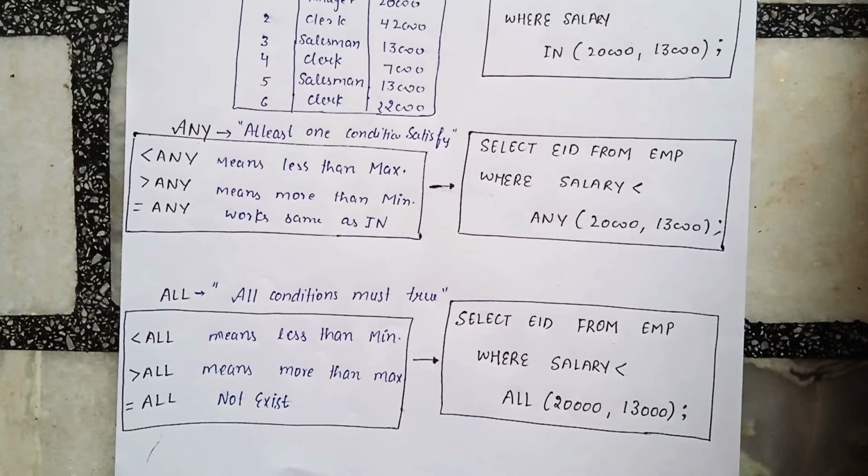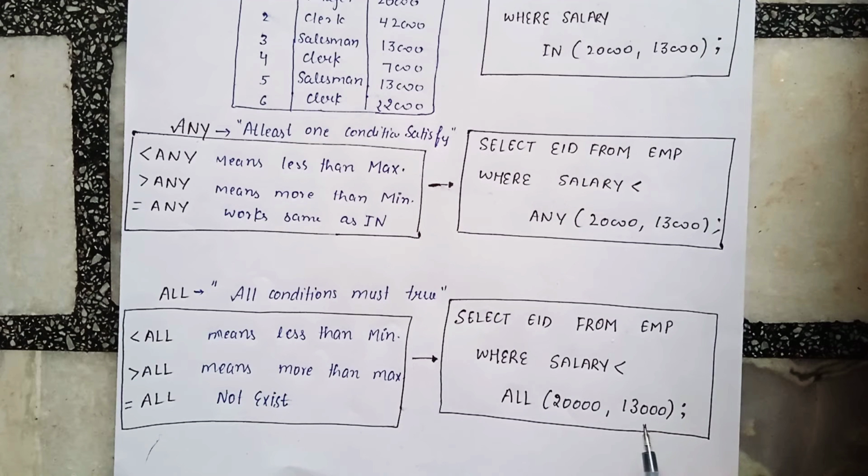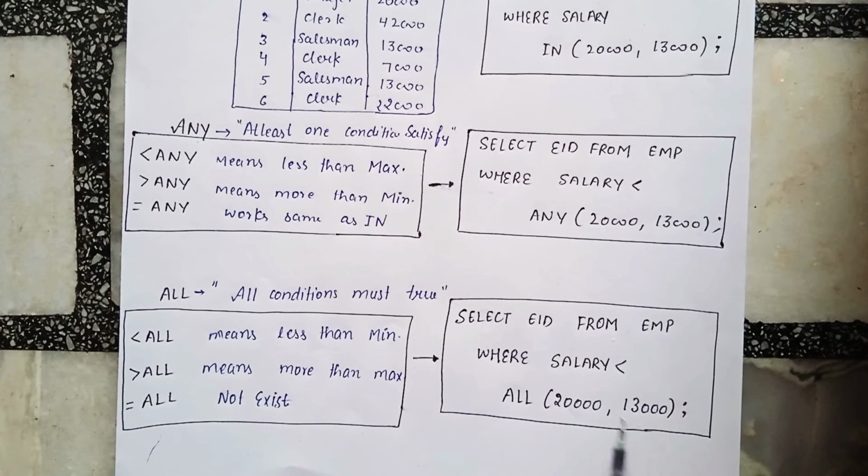The shortcut is to find the smallest salary here, that is 13,000, and find all the values that are less than 13,000, because it is obvious that if a value is less than 13,000, then it is also less than 20,000. So it first finds the minimum value and then all values less than 13,000. That is what it indicates: all the conditions must be true.